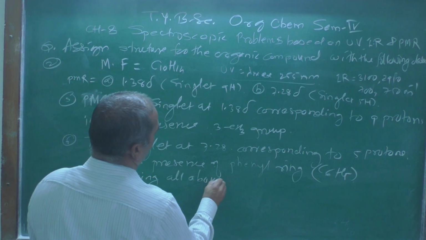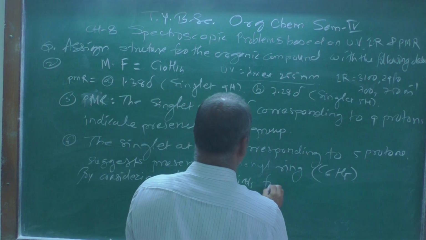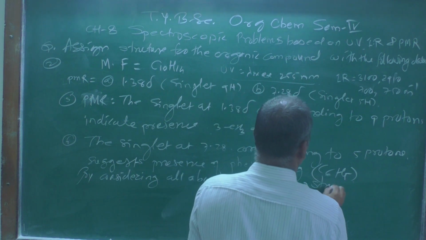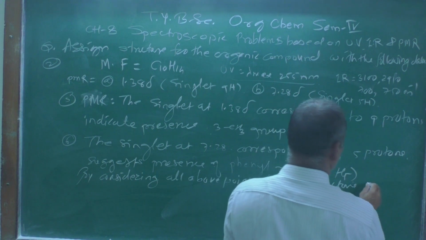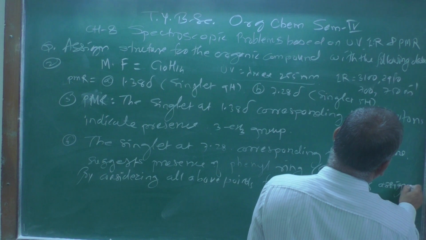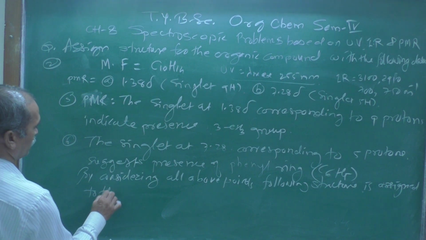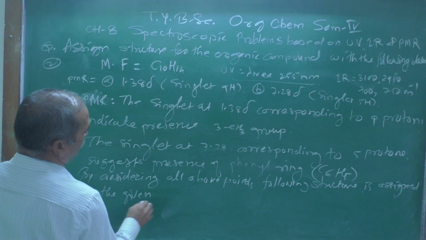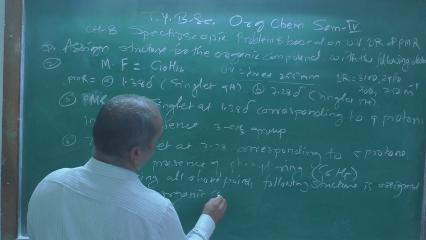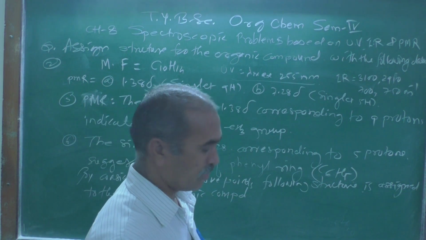By considering all the above points, the following structure is assigned to the given organic compound. So in this way we can write now.